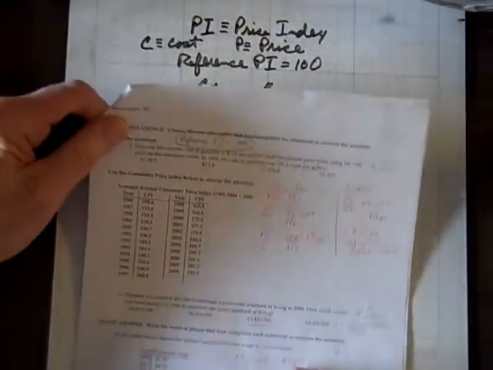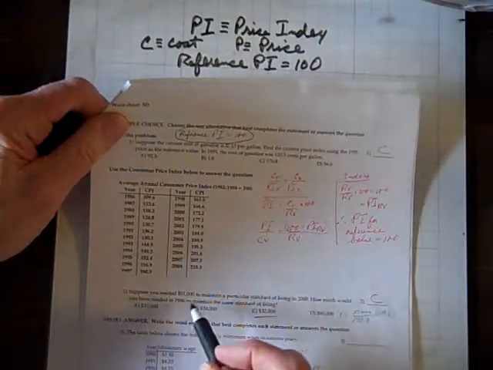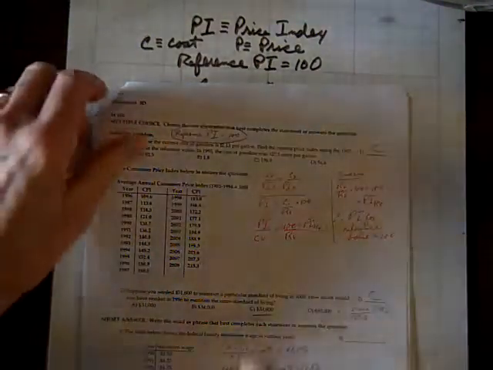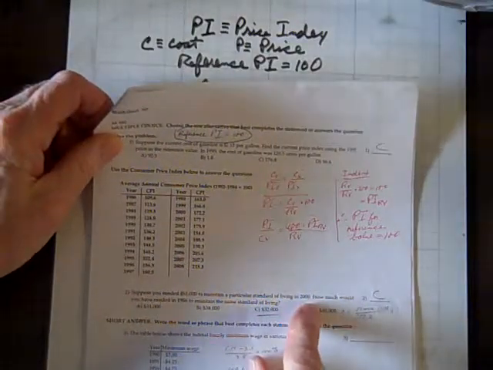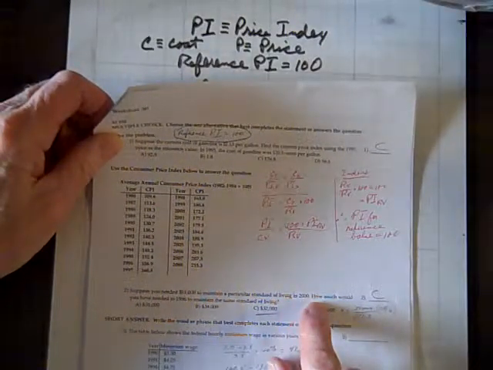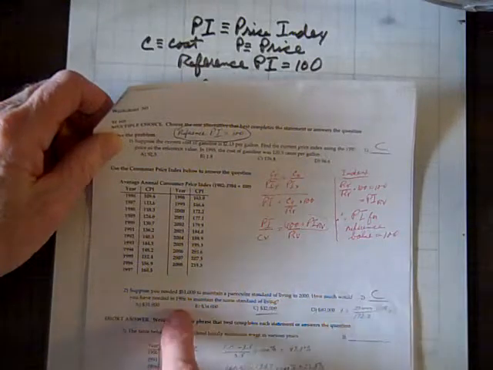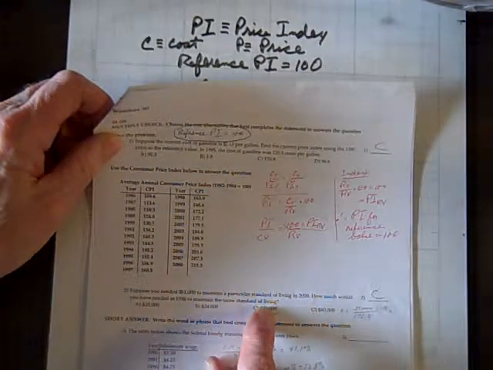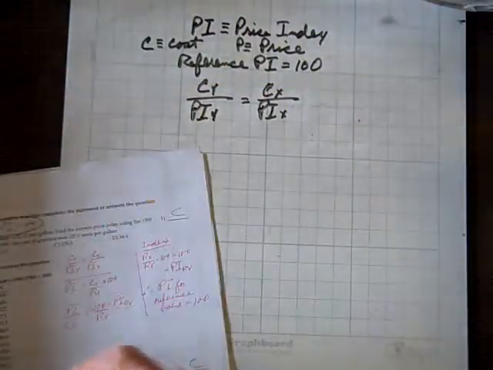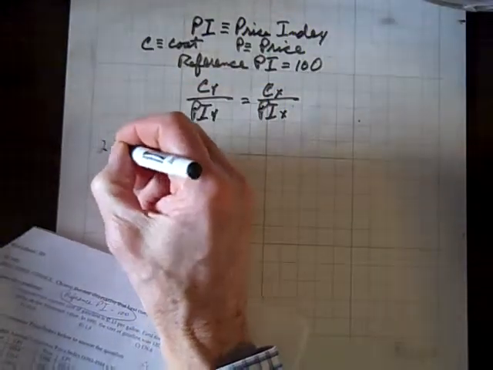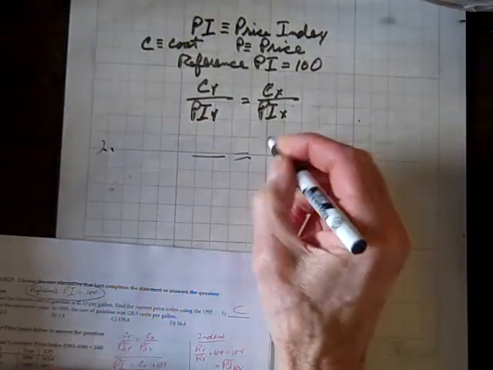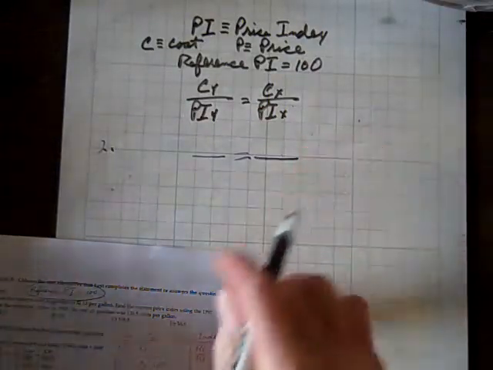And for number 2, it says, suppose you need $51,000 to maintain a particular standard of living in 2000. How much would you have needed in 1986 to maintain the same standard of living? Well, we know we're going to have to equate two ratios.